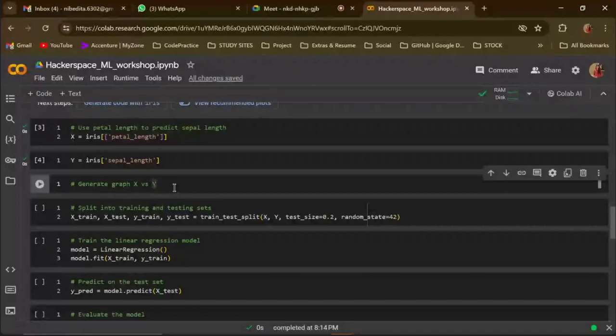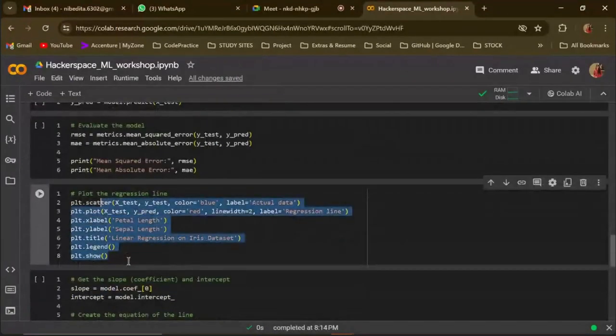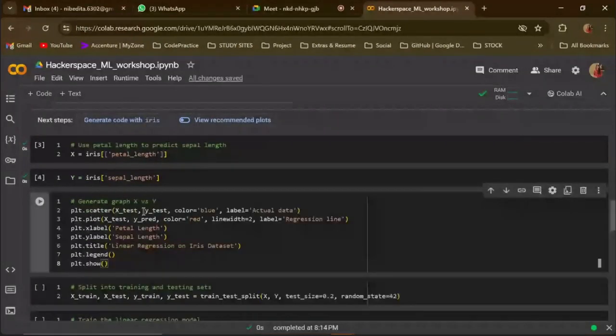Okay, let's see what the graph looks like. Let's give a different color.